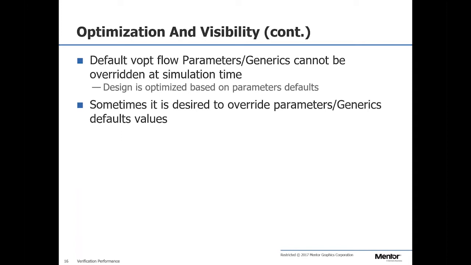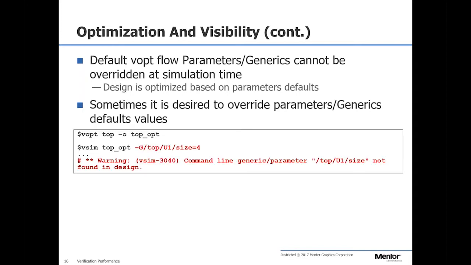So if you have top level parameters or generics on your design, so maybe you're working on a piece of IP and you can configure maybe data widths or something. When you run vopt, it will lock down those generics by default. So right here, I've got this generic called size, and I guess it's on this top/U1.